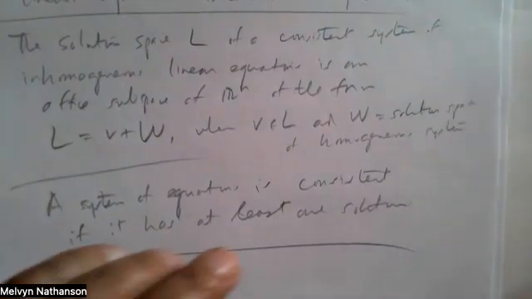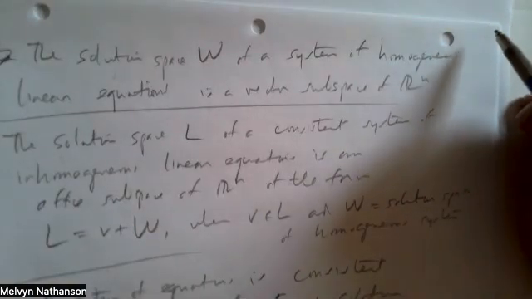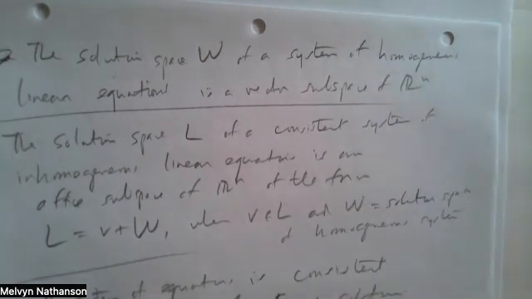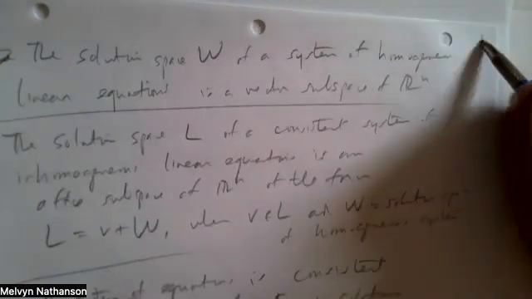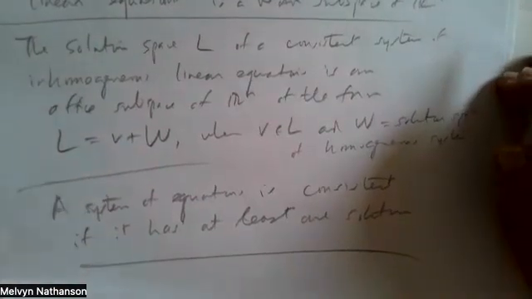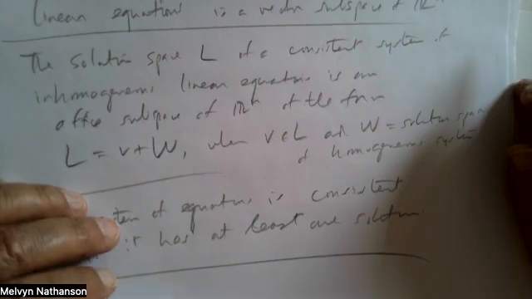And the proofs are exactly analogous to the proofs in the case of just a single equation. If you have two solutions of the homogeneous equation and you add them, you get another solution of the homogeneous equation. And if you have a solution of a homogeneous system and you multiply it by a scalar, you get another solution of the homogeneous system.